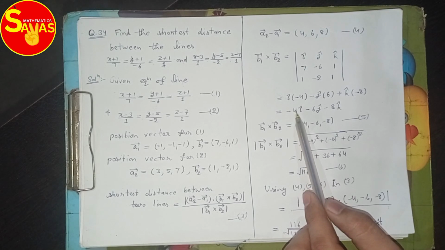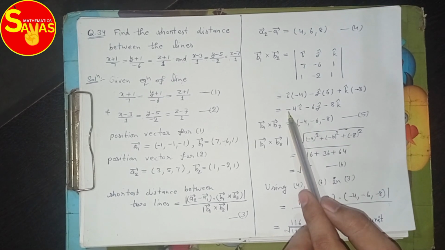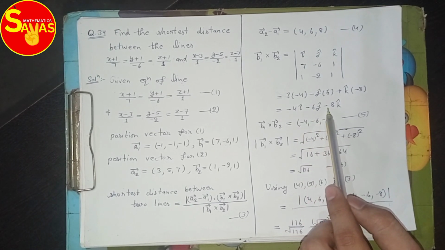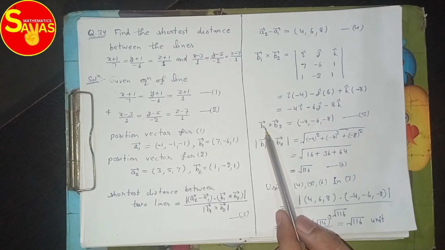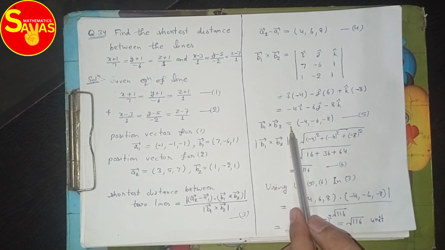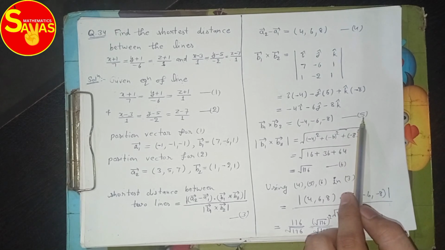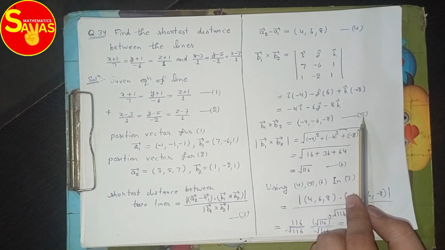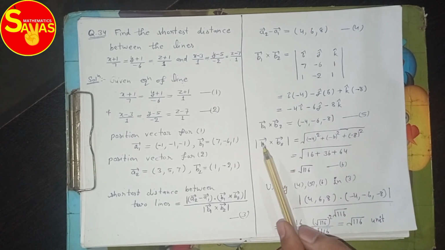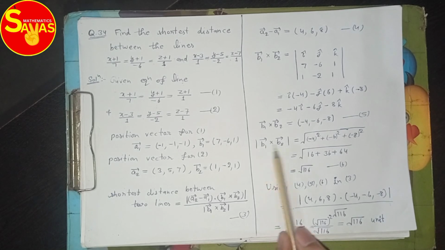Now simplify this calculation: minus 4i minus 6j minus 8k. So we get B1 cross B2 equal to minus 4, minus 6, minus 8. Mark the equation number 5. Now we are going to find the modulus value.